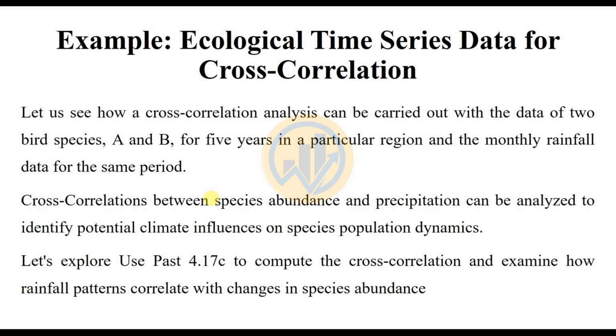Let's see how a cross correlation analysis can be carried out with data of two bird species, bird species A and bird species B, for 5 years in a particular region, and the monthly rainfall data for the same time period. The cross correlation between the species populations and the rainfall pattern can be analyzed to identify the potential climatic influence on species population dynamics.